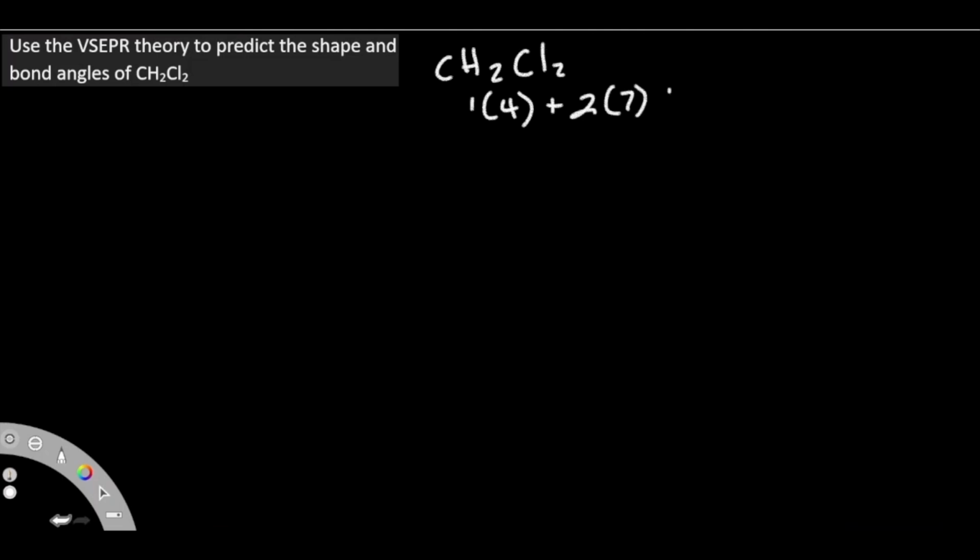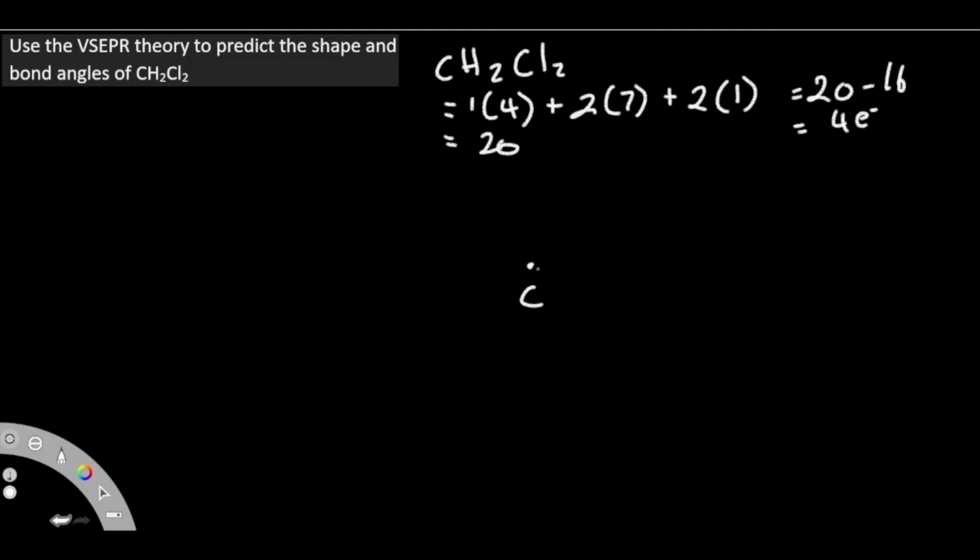There's 2 chlorines, that's going to have a valence 7, and then there's going to be 2 hydrogens. So you get the sum of all of these, you end up getting 20. Now, just get 20 minus 16, which is the greatest common multiple of 8 without exceeding this 20, it's going to give you 4 electrons. There should be 4 electrons on the outside.